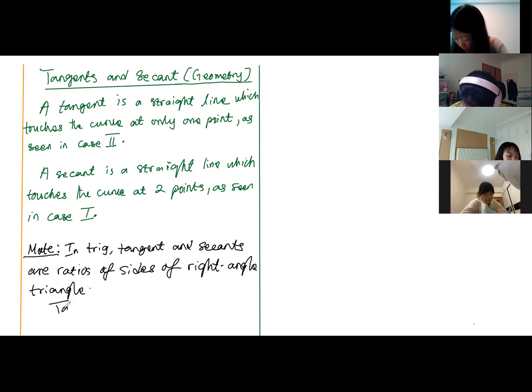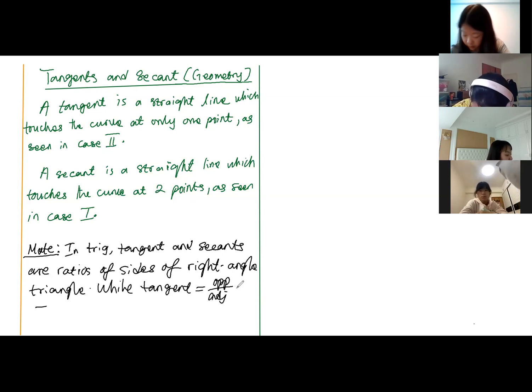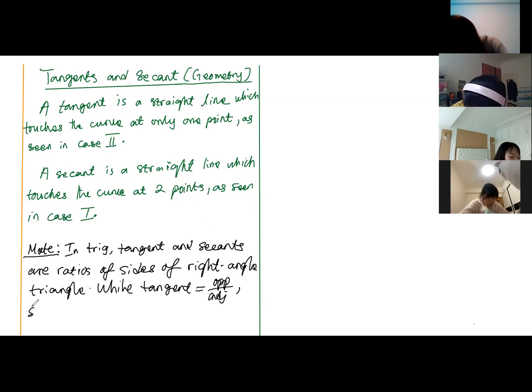So tangent is the ratio of opposite over adjacent. I believe you know this. Secant is the inverse of cos.